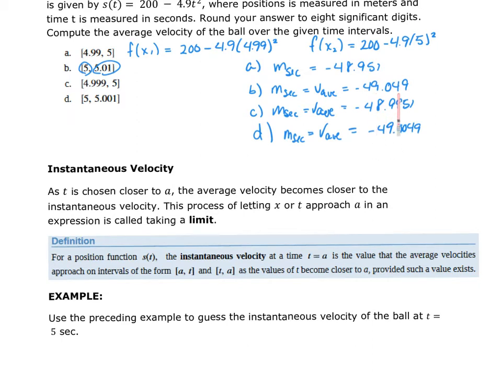This is on the right side of 5, and you'll see that this is close to 49, and even closer to the right side of 5, I get 49. So I would guess that the instantaneous velocity for the ball at 5 seconds, which is v of t, is going to be negative 49. That would be my guess.